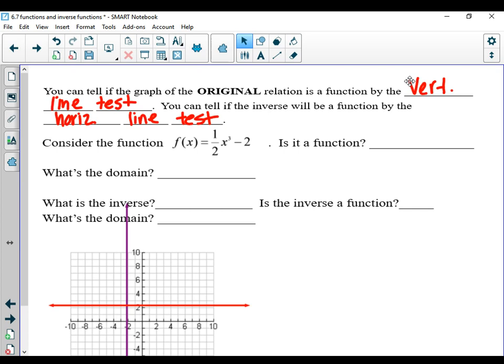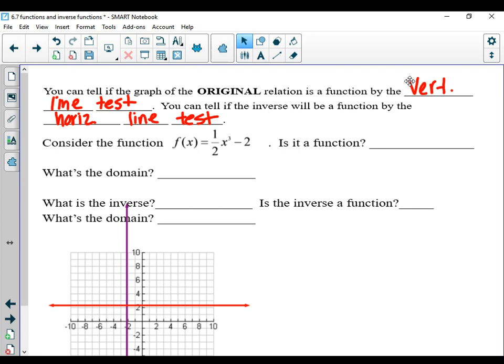A line or a cube root, depending on how it goes, is not as much of a dead giveaway. Some of those you'd have to test out. But if it is x squared, x to the 4th, anything of that nature, that's going to be your dead giveaway that it's going to fail that horizontal line test.